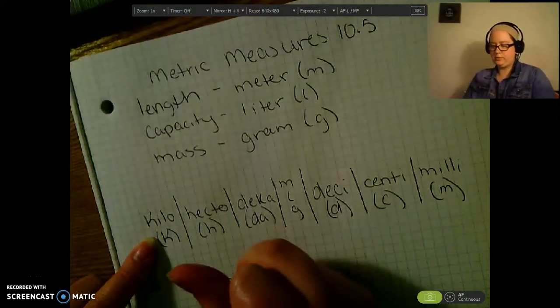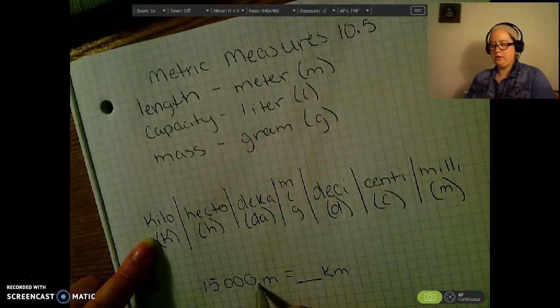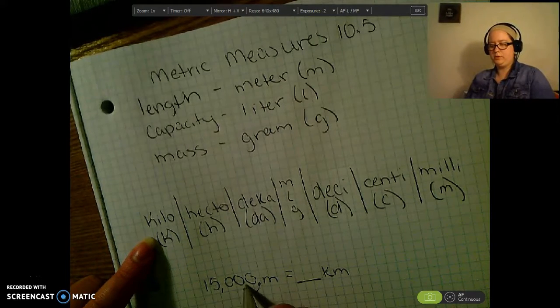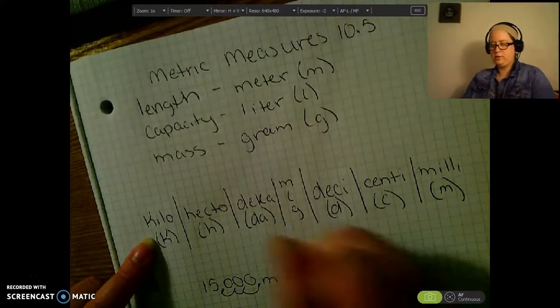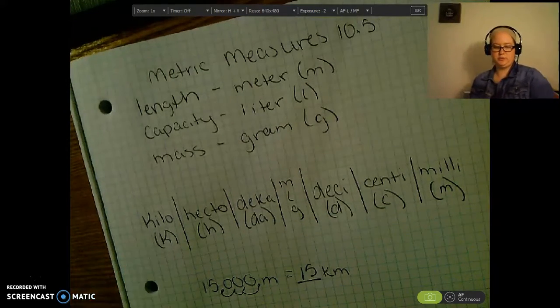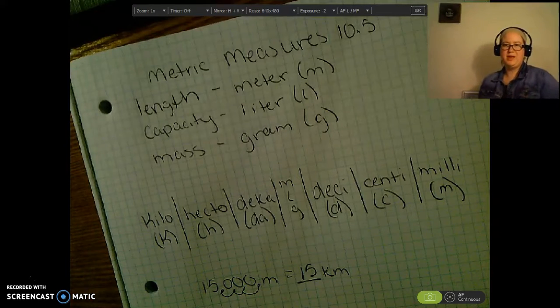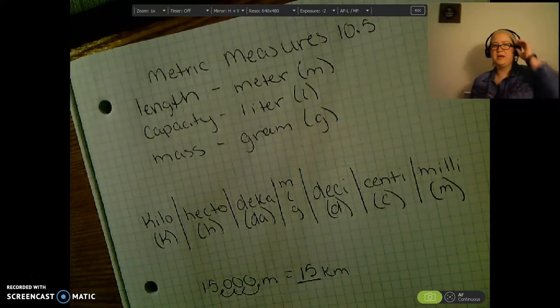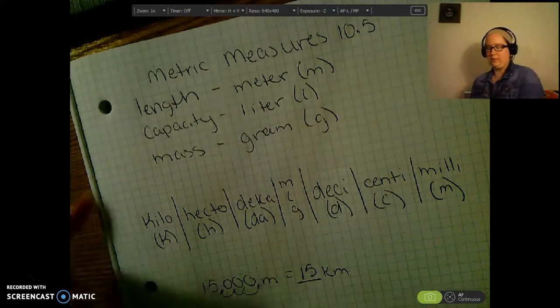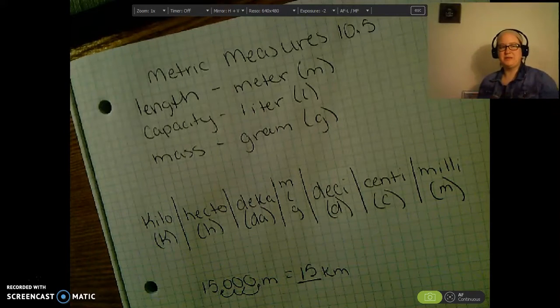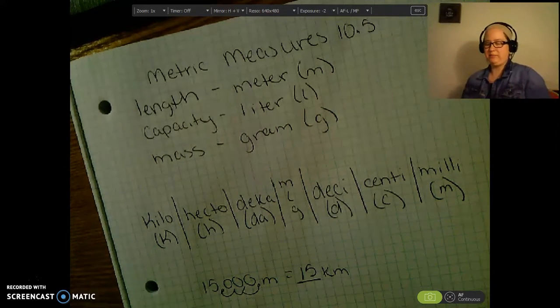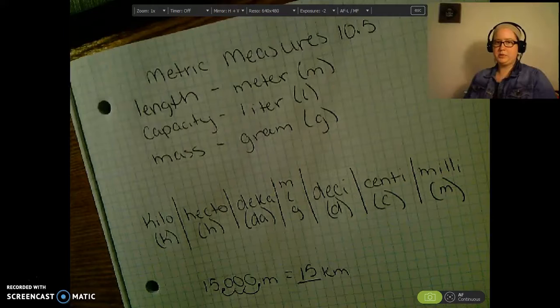Our decimal point's right here, and we're going to move it 1, 2, 3. So we get 15 kilometers. Again, this is just like our powers of 10, because they are powers of 10. That's why the metric system makes a lot of sense and we use it in lots of different sciences and everything. So there's one example.